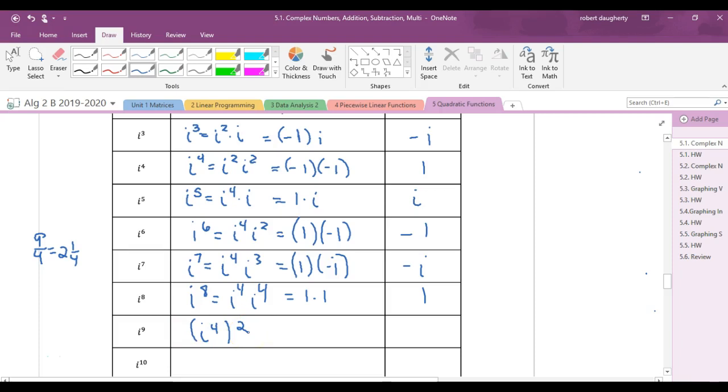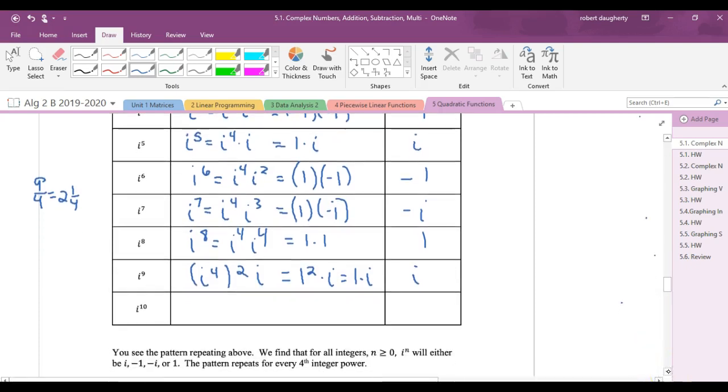That's I to what power? 8th. So that's this, okay? So I to the 9th can be written as I to the 4th times I to the 4th times I. The reason I like I to the 4th, what is I to the 4th? 1. So this just turns into 1 squared times I, which is 1 times I, which is I, okay? So if you can organize things in powers of 4, it makes these things real easy to organize.